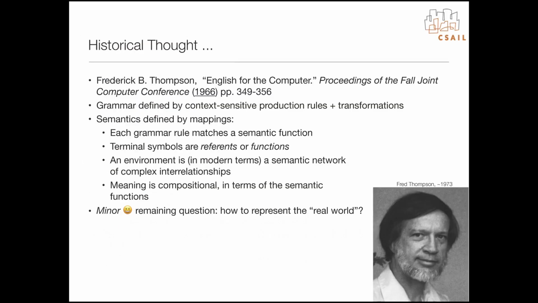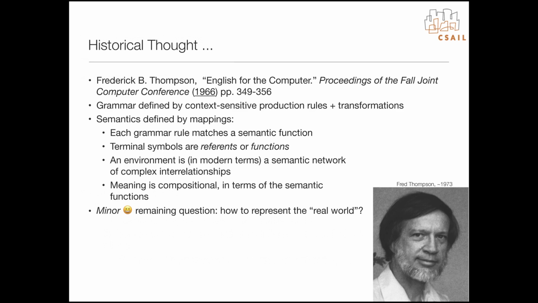So let me give you a little historical note. This happened to be work that was done by my PhD thesis advisor, the gentleman whose picture is on the slide there. And he published this paper in 1966 called English for the Computer in the proceedings of the Fall Joint Computer Conference. This was the big computer conference of the 1960s.